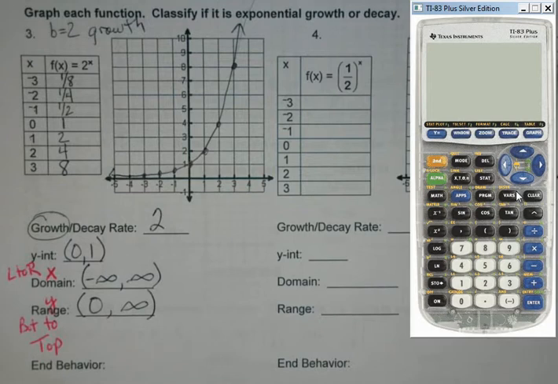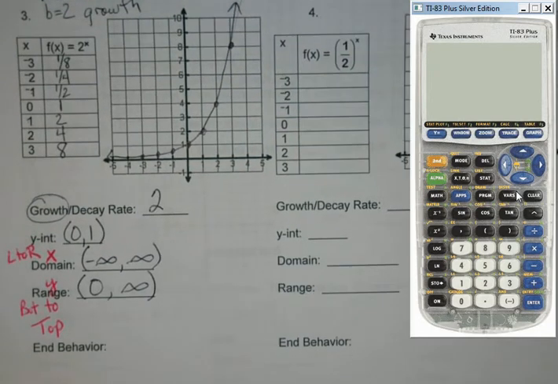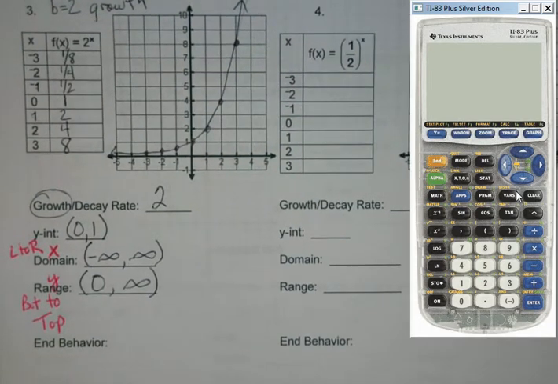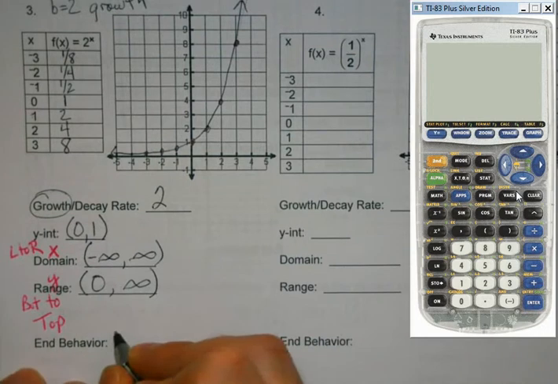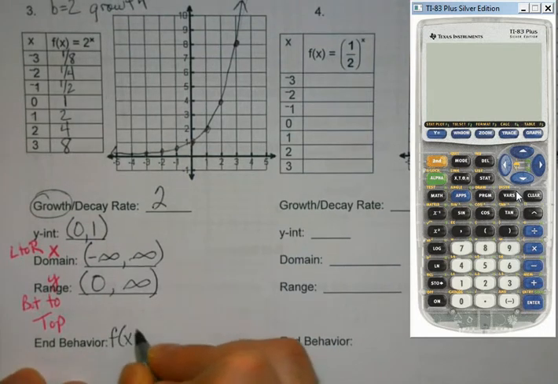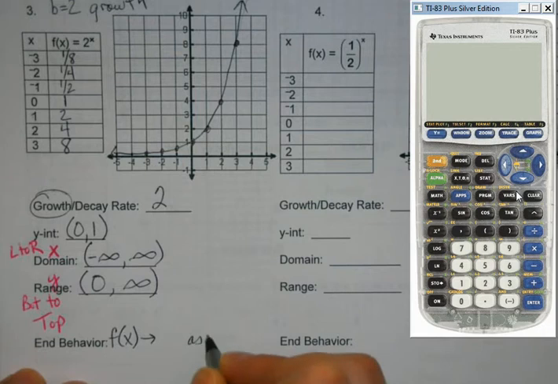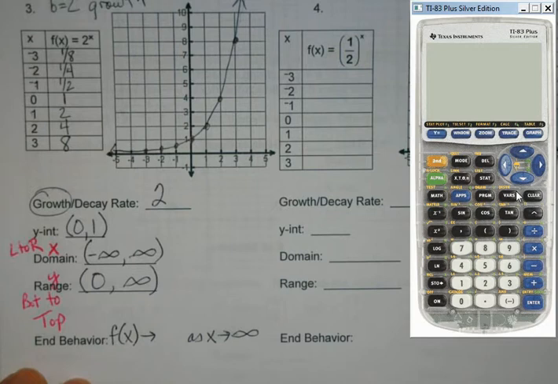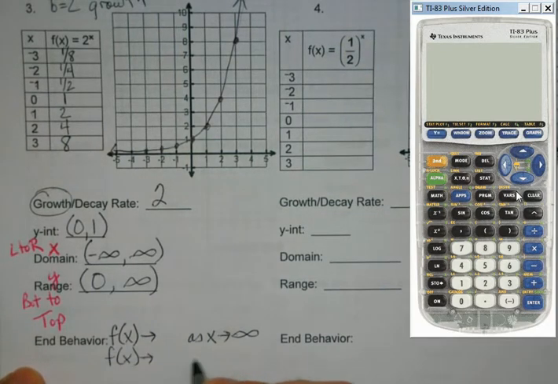And then our other favorite, end behavior. Now again, we're not just saying up, down, left, right. This is that whole thing again. If f of x approaches something as x approaches something. And again, with your x's, one of them is always going to be positive and one of them is always going to be negative.